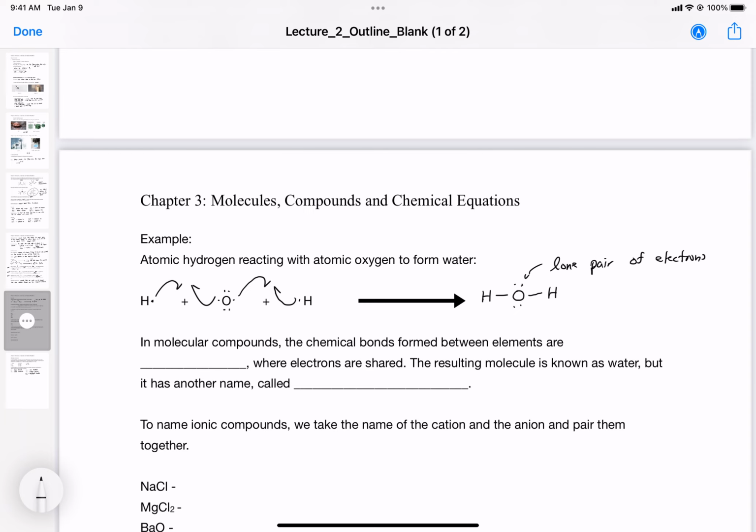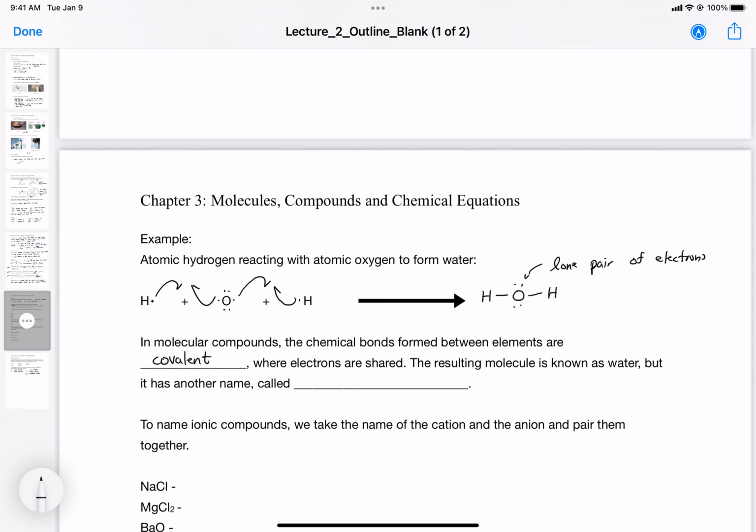So, in molecular compounds, the chemical bonds that are formed between elements are covalent. They are not ionic. So covalent means just like when you co-sign a loan or a lease, you're sharing that burden, or sharing that responsibility. So in this case, covalent, you're sharing electrons to share a chemical bond.